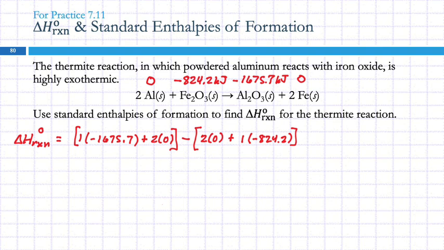So I've got negative 1675.7 minus negative 824.2. What did I do wrong? Oh.